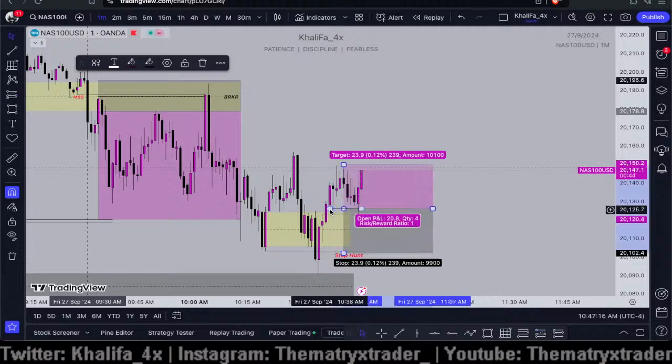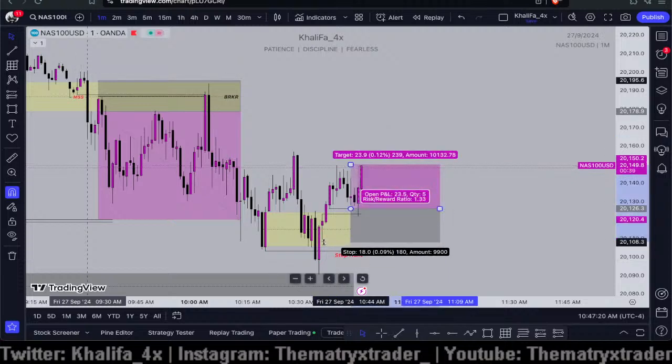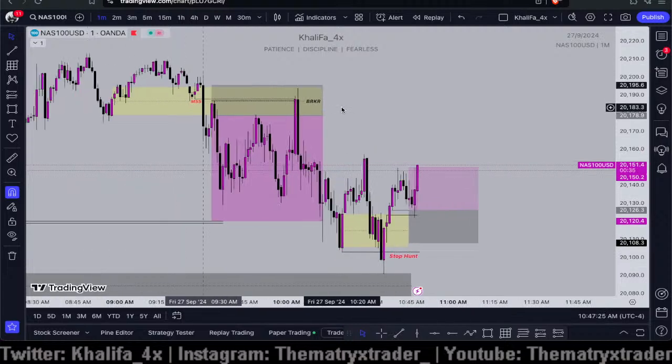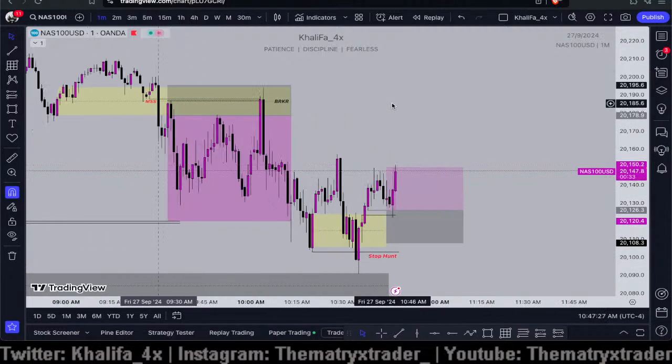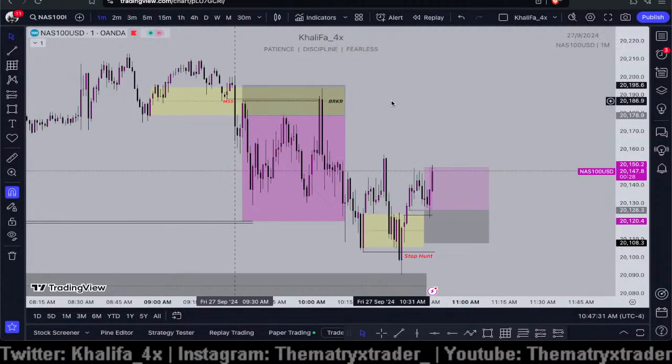Now I won't be risking so much on this. This would be the stop. And what do we have? What liquidity pool do we have?